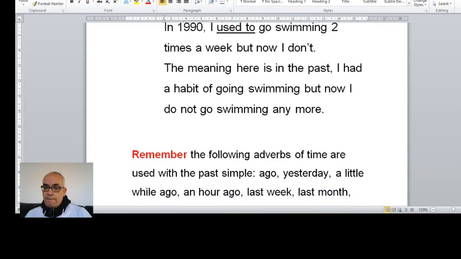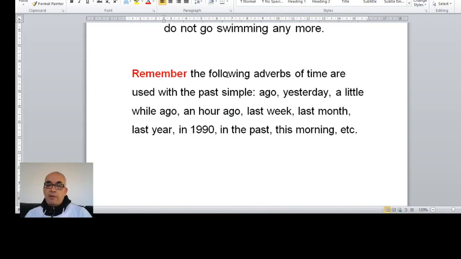Let's move on. Remember, the following adverbs of time are used with the past simple: ago, yesterday, a little while ago, an hour ago, last week, last month, last year, in 1990, in the past, this morning. And I've got to say 99%, if you use the past simple, you must use one of these times.